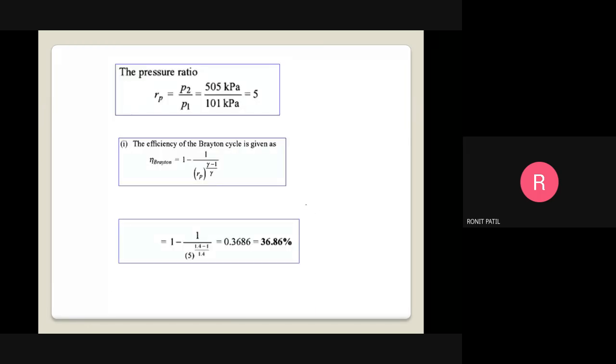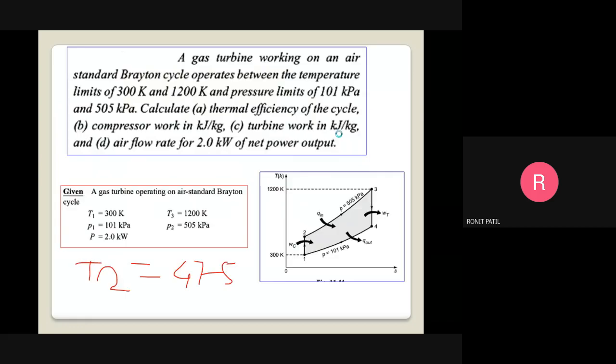The compressor work WC during process 1 to 2 is WC equal to Cp into (T2 minus T1).